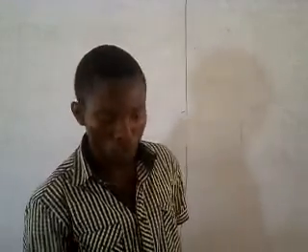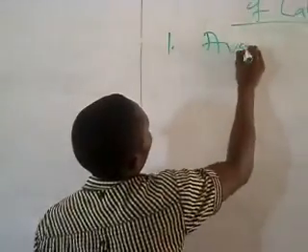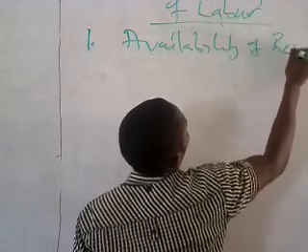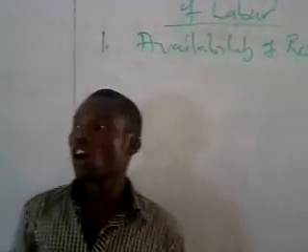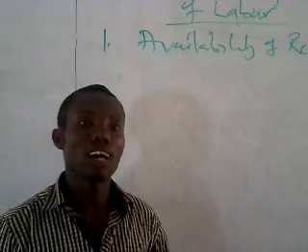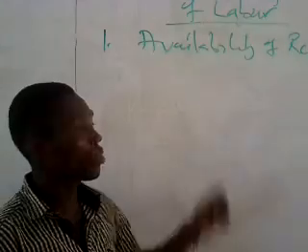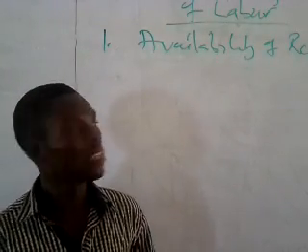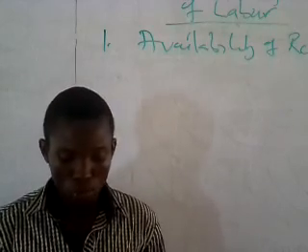The first one we can talk about is availability of resources. Resources refers to all those raw materials that are used to produce goods and services. So if resources are available, it will help to increase productivity. But if resources are not there, productivity will be low.